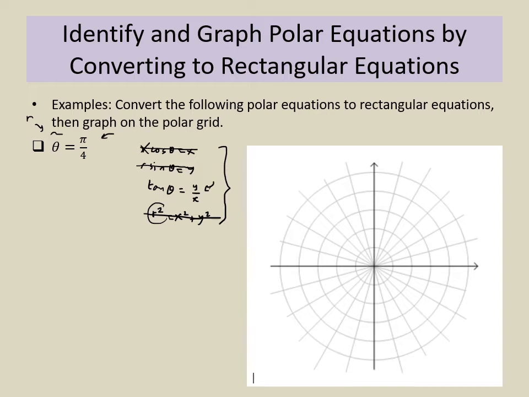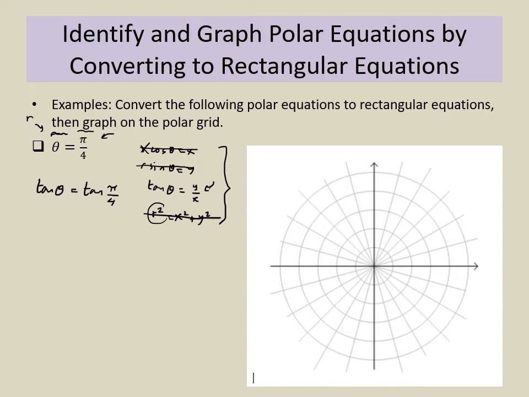Well, we can take tangent of both sides of the equation. If the angle theta equals the angle pi over 4, then that also means that tangent of the angle theta is equal to tangent of the angle pi over 4.